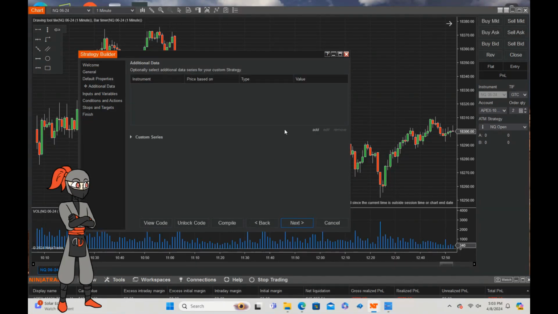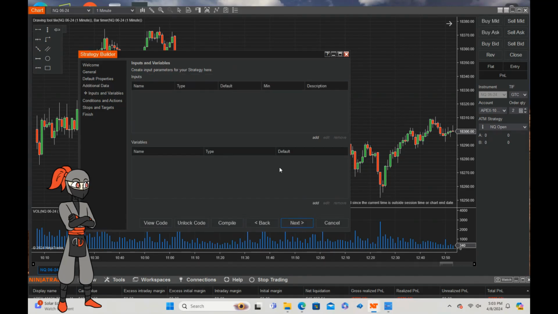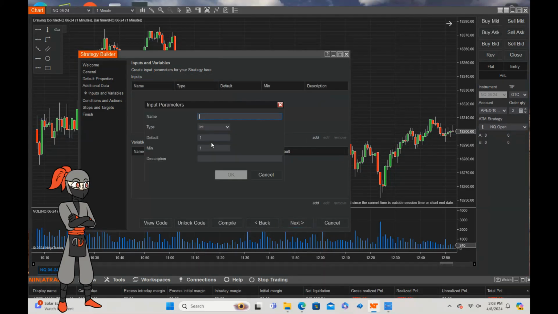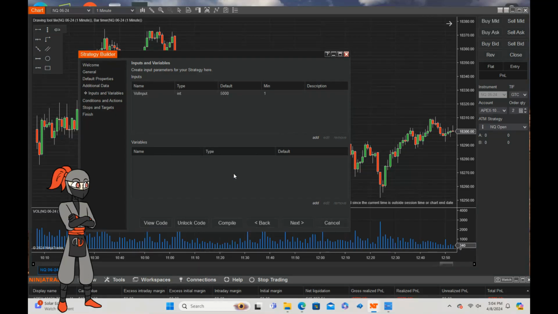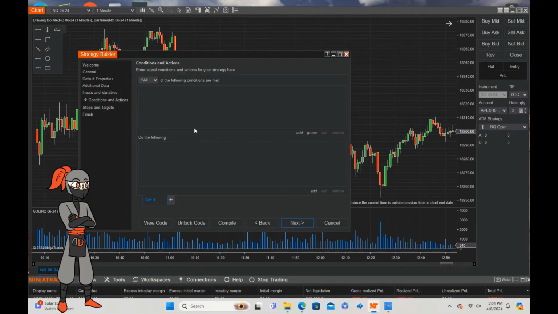We can do it on bar close. Moving forward, we're just going to add one input, make it easy. We'll call this our volume input. Now the whole point of this is that you can customize this however you like.